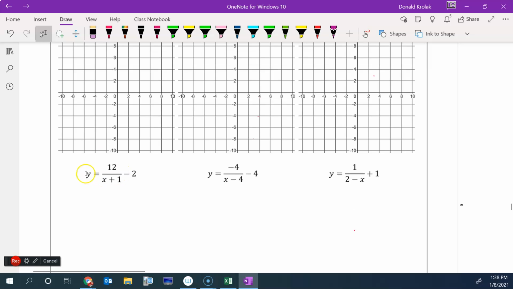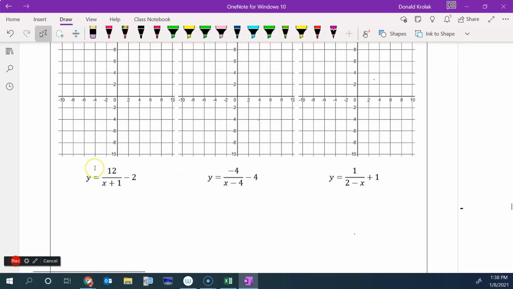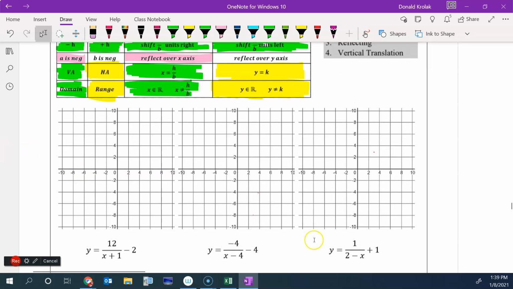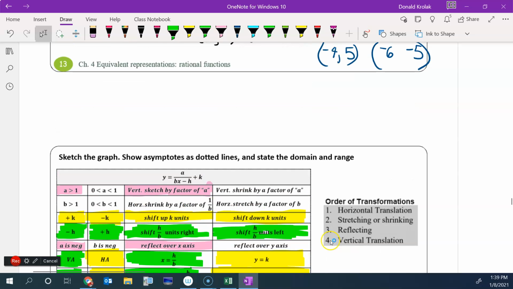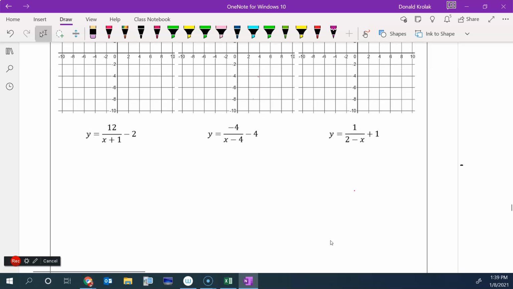All right. So we're starting with this graph right here, and we want to identify its asymptotes as dotted lines, and then write the domain and the range. Okay. So what I usually do is I just write what are the parameters. So I've got an A, that's 12. Okay, and what that's going to do is vertically stretch it.